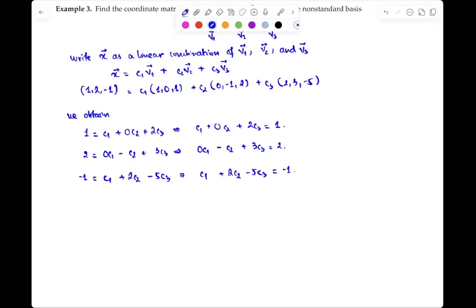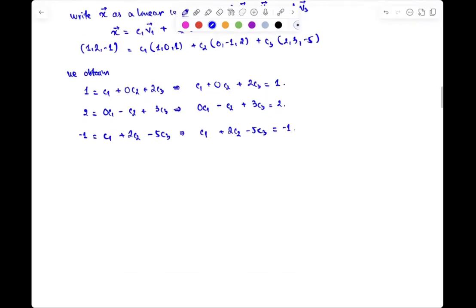Then again you need to find c1, c2, and c3, and at this point we have multiple ways to do that. But the one that I'm going to use is to turn this into an augmented matrix, run the code, and get the reduced row echelon form to find the values of c1, c2, and c3. So we turn the system into an augmented matrix.